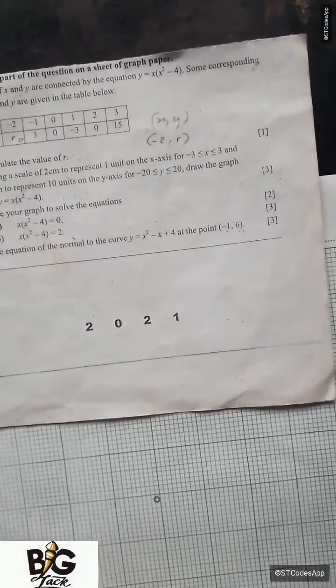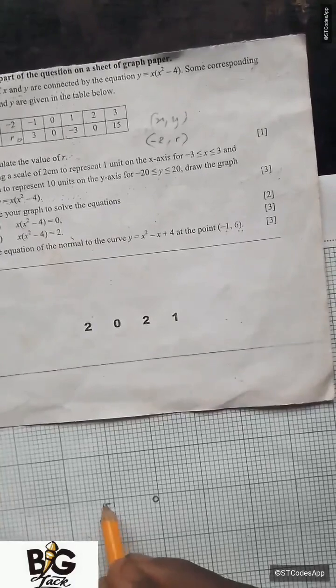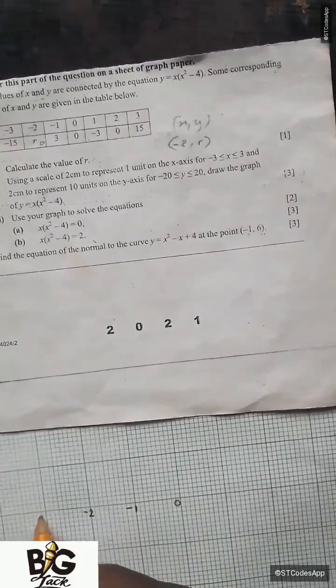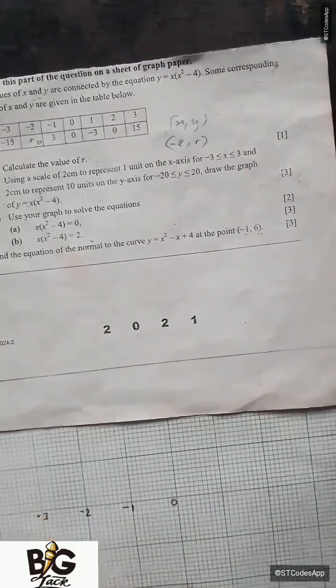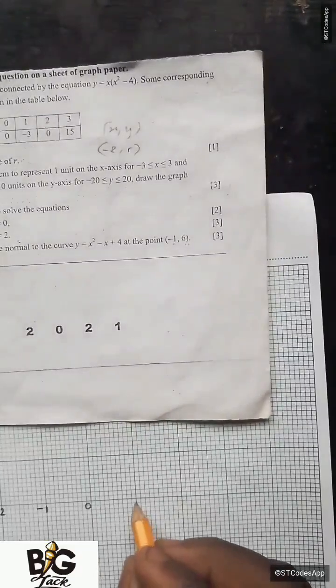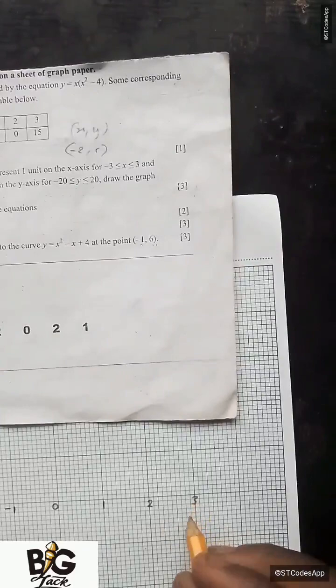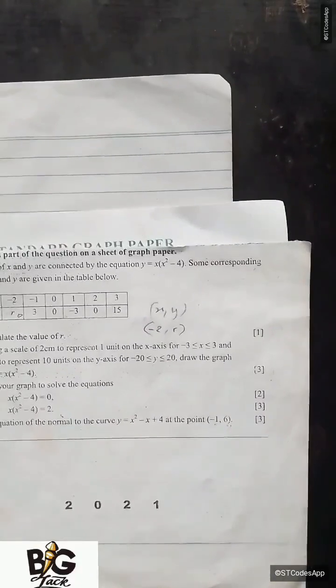So for every 2 centimeters, I'm going to represent 1 unit. So this one here is going to be my negative 1, then negative 2, then the last one, negative 3. Then similarly on the positive side, this one is 1, this one is 2, then this one is 3.